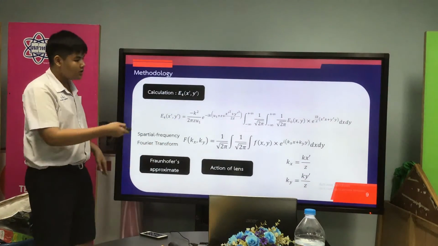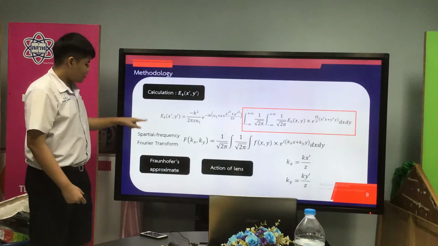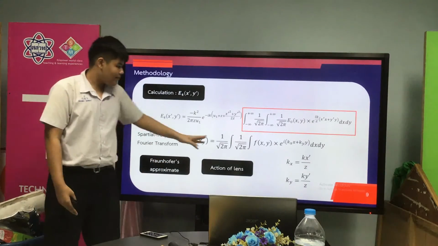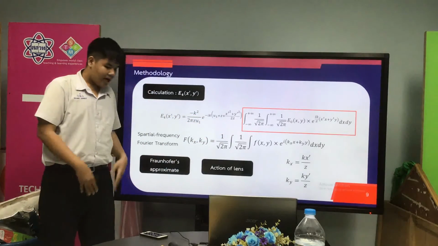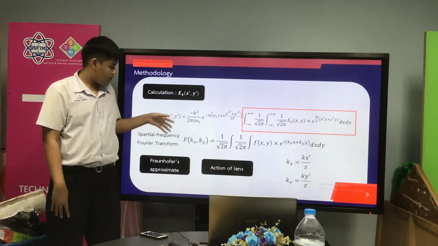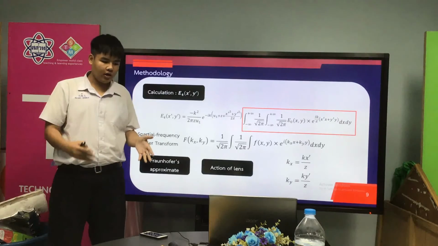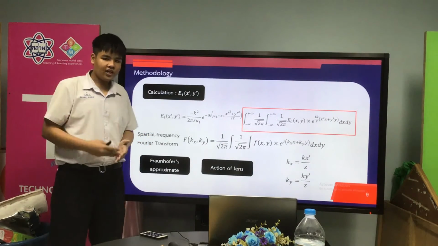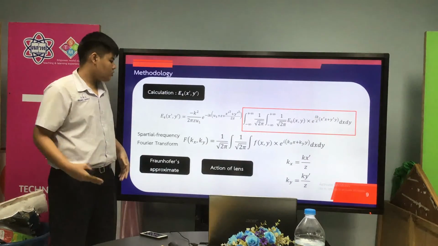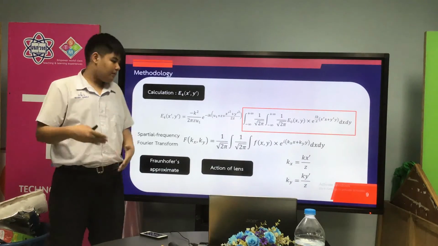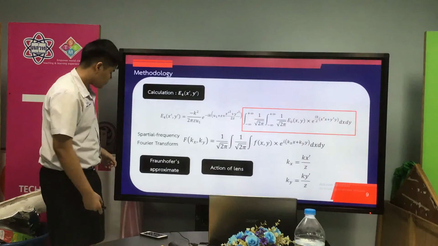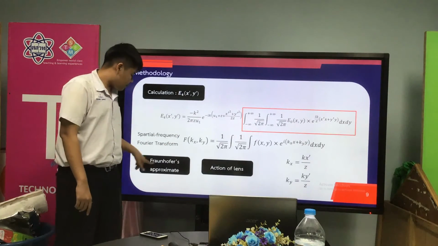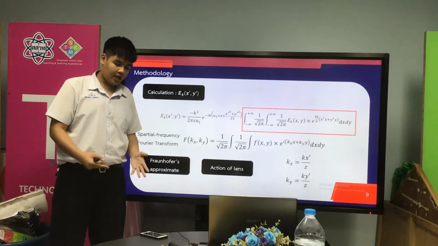When we consider this term in the spatial frequency through the Fourier transform, we see the same function that I can consider as the picture, or the electromagnetic field that we can observe on the screen. There will be the Fourier transform of the E0 of xy, or the Fourier transform of the temperature. All of these conditions are in the Fraunhofer approximation and the action of the lens that I have considered in our experiment.